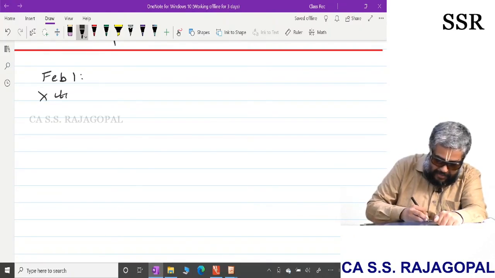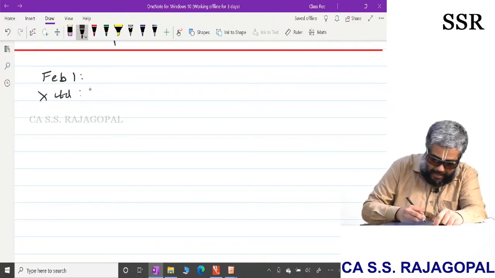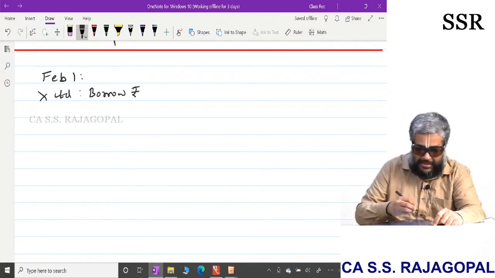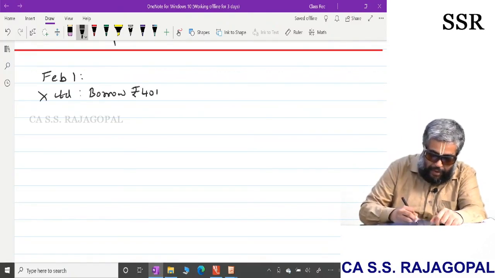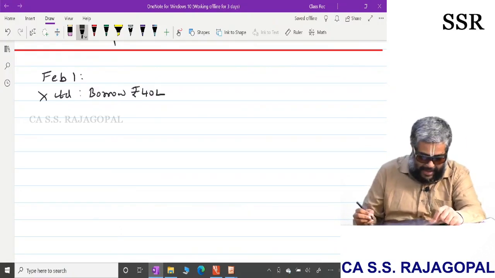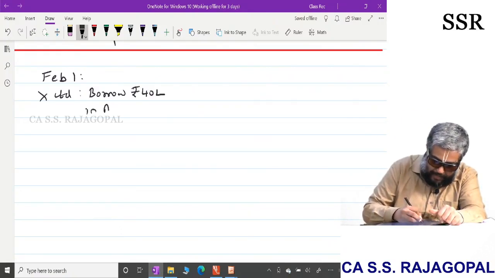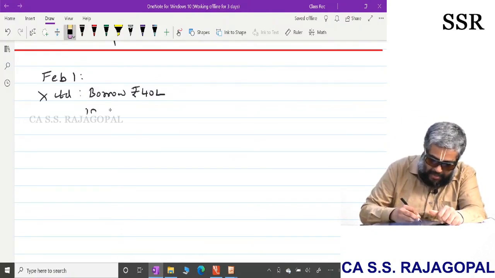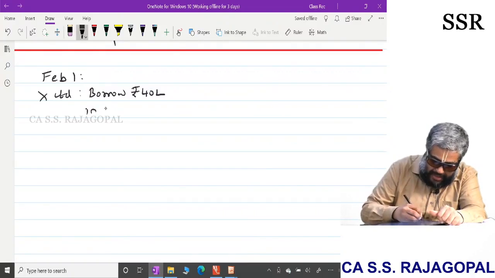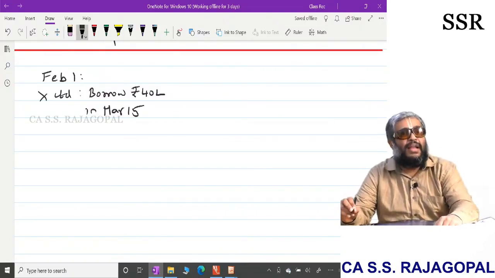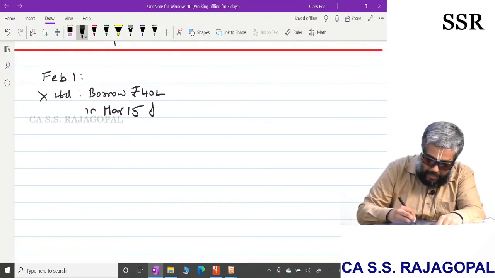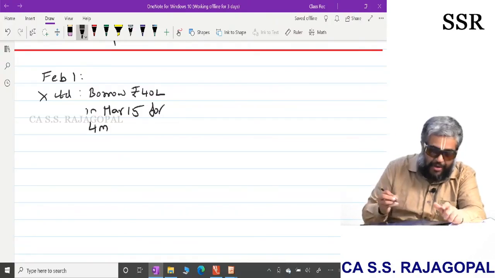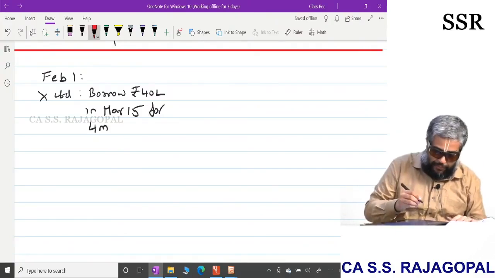X Limited comes to know that it has to borrow rupees 40 lakhs in March. It has to borrow rupees 40 lakhs on March 15, for a period of 4 months.